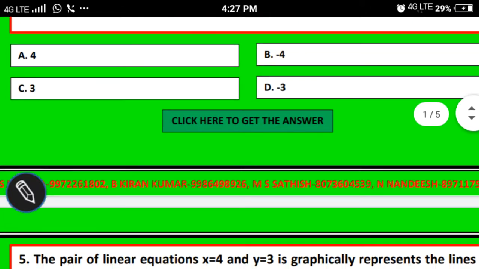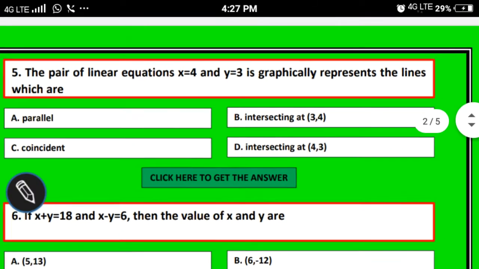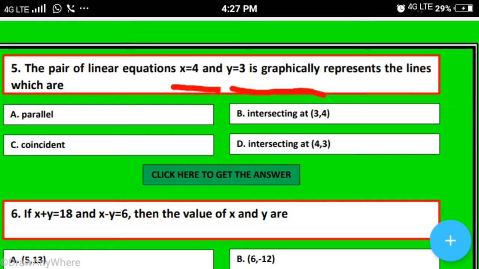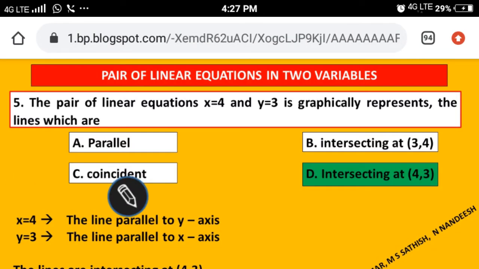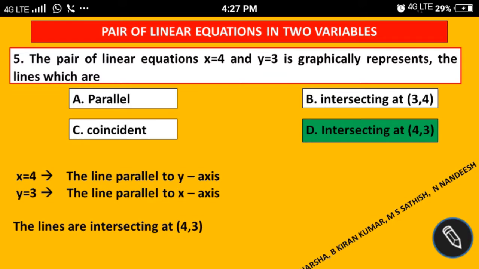Then the next one is, the pair of linear equations x equals 4 and y equals 3 graphically represent lines which are, so that one we have to find out. And here the options are parallel, coincident, intersecting at (3, 4) and intersecting at (4, 3).